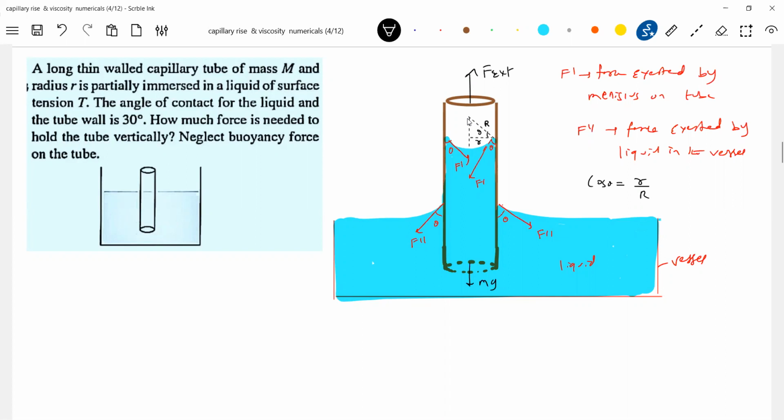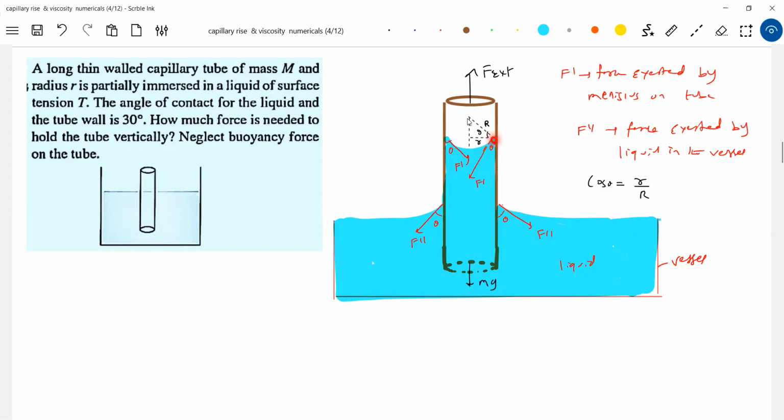The wall is 30 degrees, it is telling. Okay, we'll agree this diagram. This is theta, this is 90 minus theta. This is the normal to the meniscus, this is the tangential to the meniscus. I think by this time you know it. So therefore this should be theta. So cos theta equals small r by capital R. Theta is the angle of contact.